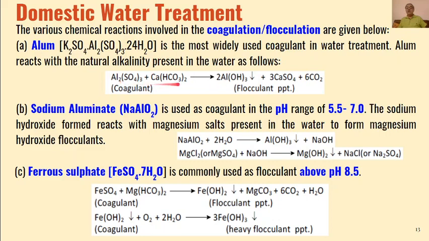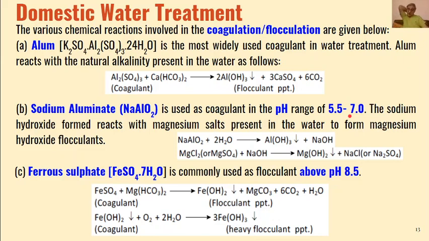So alum will react with calcium bicarbonate, and alum will be converted into aluminium hydroxide and calcium sulfate. This aluminium hydroxide will become a flocculant which will be precipitated out and sedimented during sedimentation.